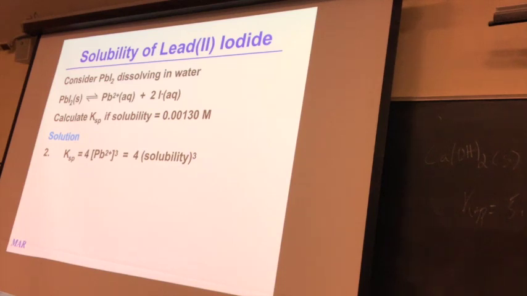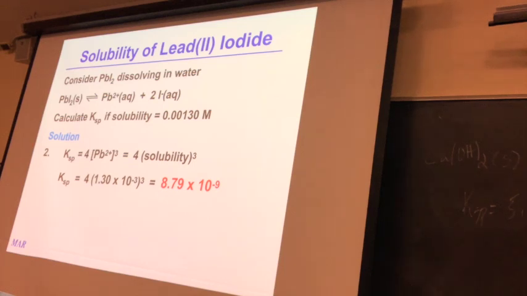So regardless of which way you do it, 4 times the solubility to the 3rd power, or this number times 0.0026 squared, either way you're going to get this number, which is the KSP for PbI2. It's the solubility to the 3rd power times 4, or you can do the lead concentration times 0.00260, the iodide concentration, squared. Either way is fine.